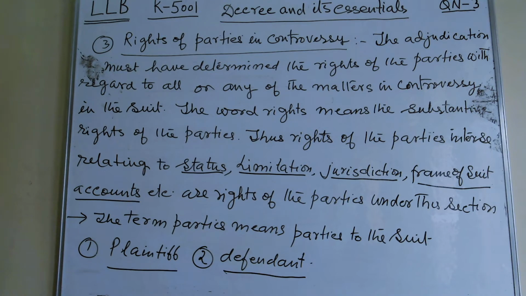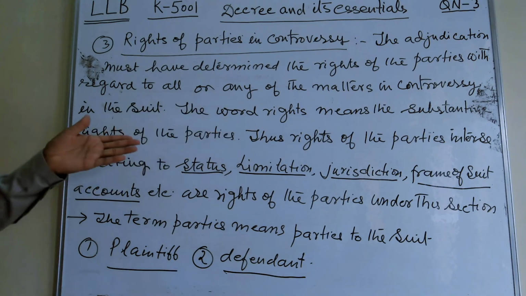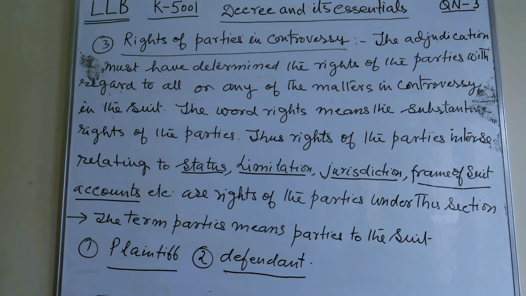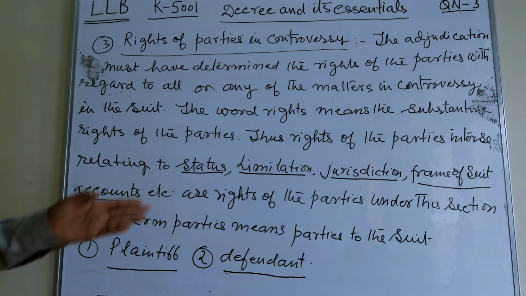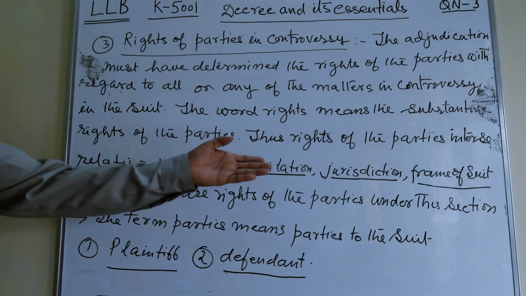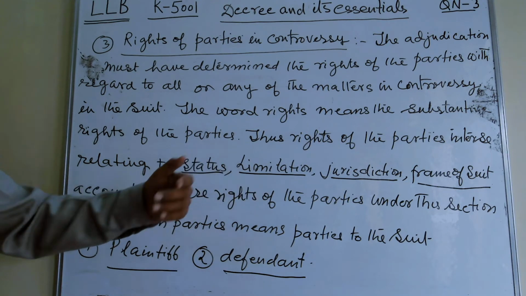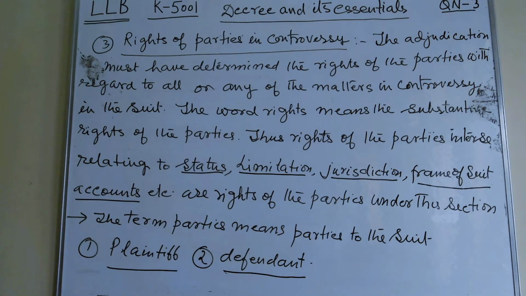Here, I want to tell you what is meant by the rights. The word rights means the substantive right of the parties. Thus, rights of the party inter se relating to status, limitation, jurisdiction, frame of suit, accounts, etc., are the rights of the party under these sections.